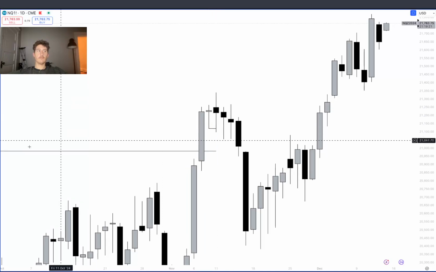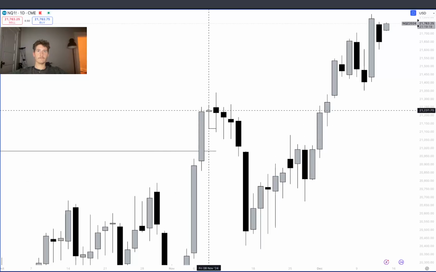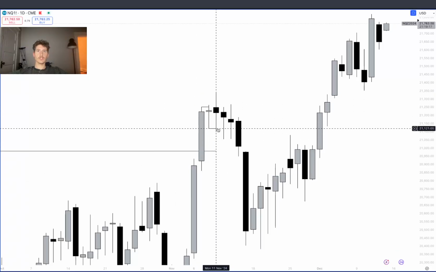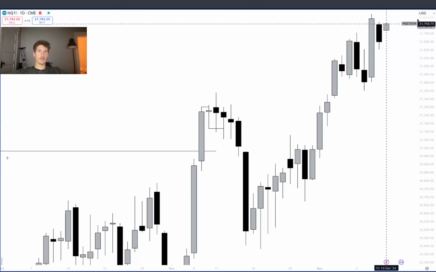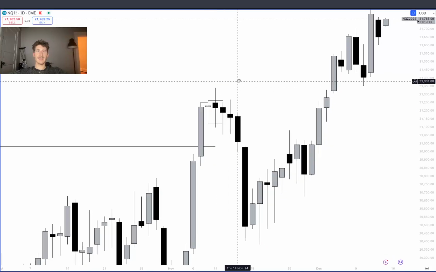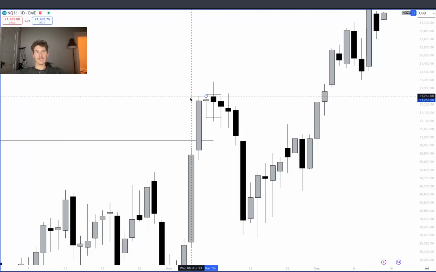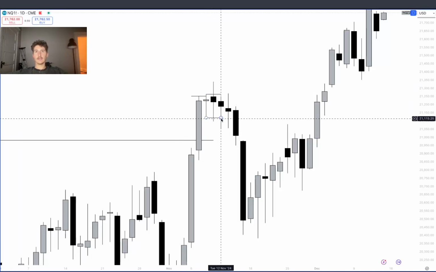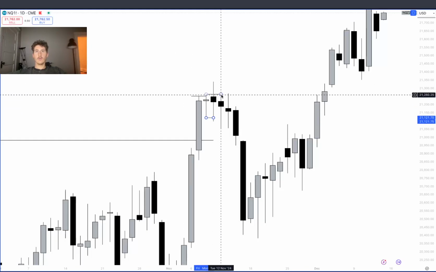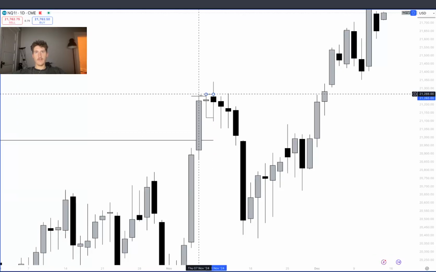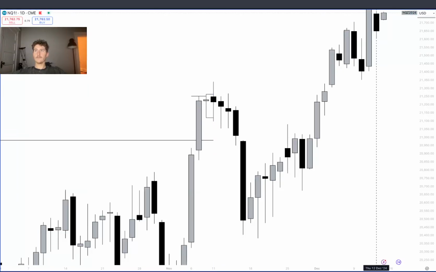We go up above the high right here. So when we come below this low, we anticipate to get above this high. Again, we close, we pull back in, we tap, we take this high, we come back and take the low that took that high, we go take the high of that candle, okay?